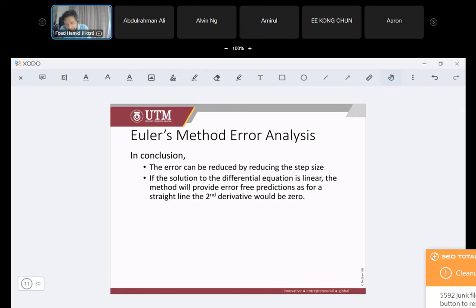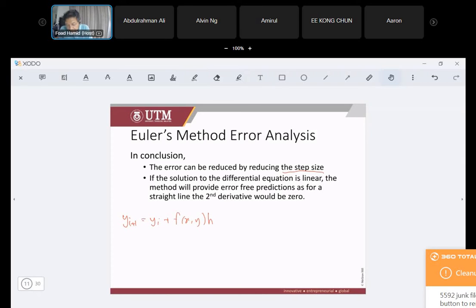We can see that the error can be reduced by reducing the step size. In this case, yi plus 1 equals yi plus f(x, y), which is the slope, times h. So we reduce h, we get a better approximation. If the solution to the differential equation is linear, then the method will provide an error-free prediction for a straight line.